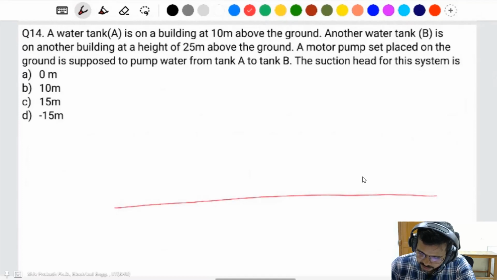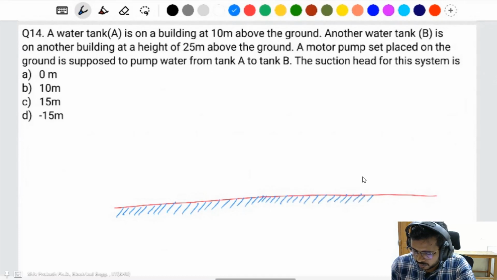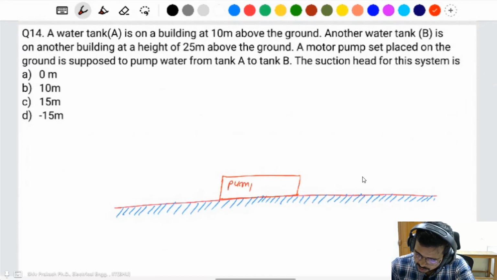Suppose this is the ground level, and a pump is here at the ground.